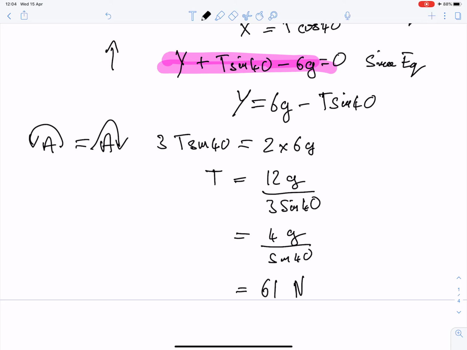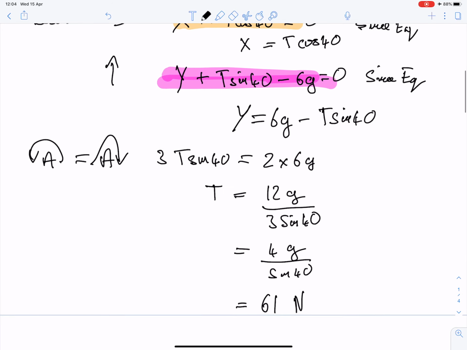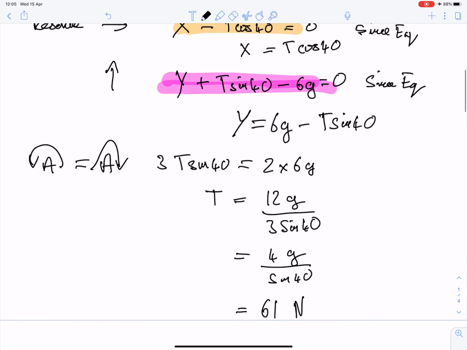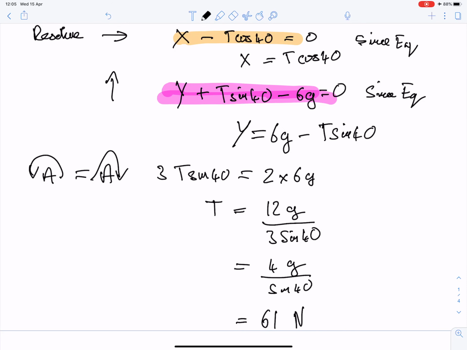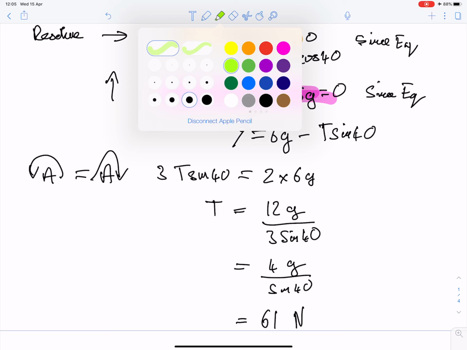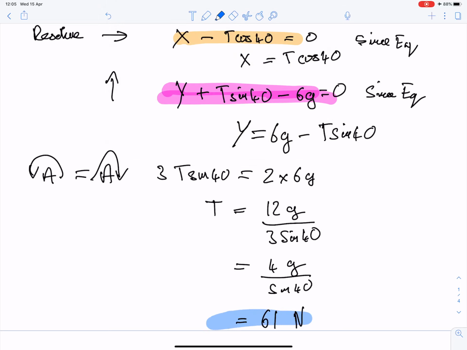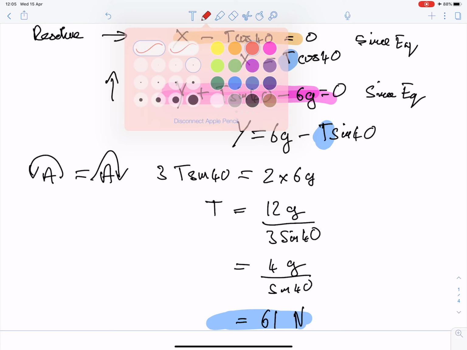Well, that's enabled us to get T straight away, hasn't it? Yeah, so T is equal to 12G over 3 sine of 40, which is 4G over sine of 40, which we can tap in the calculator, but sine 40 is roughly root 2 over 2.